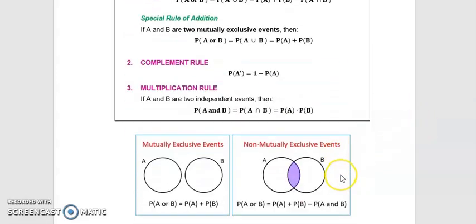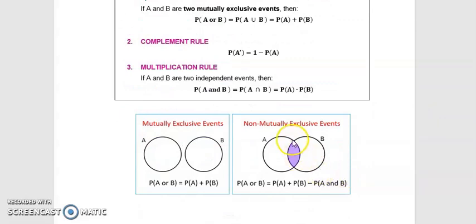Let's say A is those who prefer nasi ayam and B is those who prefer mee kolok. The intersection here will be those who prefer both nasi ayam and mee kolok. If we want to find those who prefer nasi ayam or mee kolok only, that's why we need to minus those who preferred both, right? So remember, for the addition rule, you need to minus the intersection.